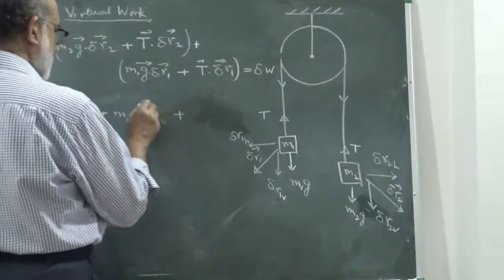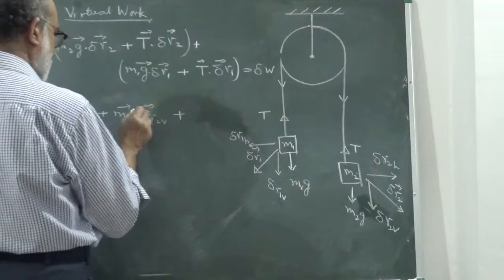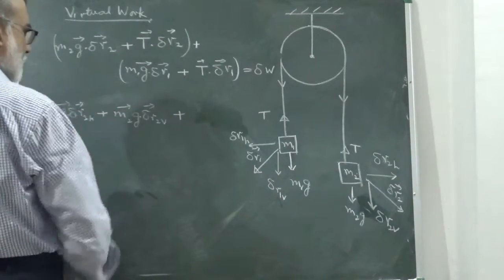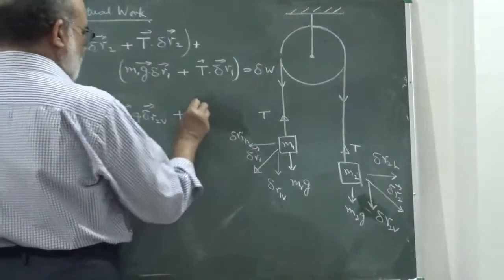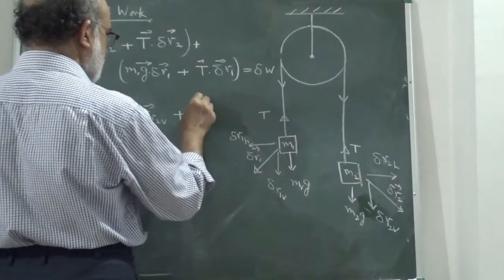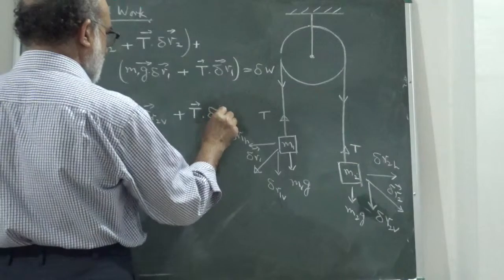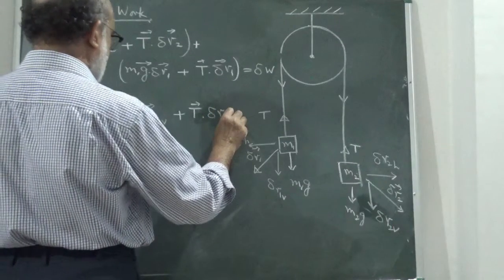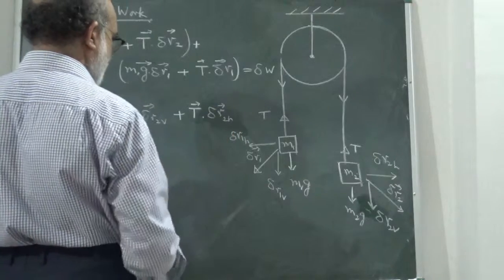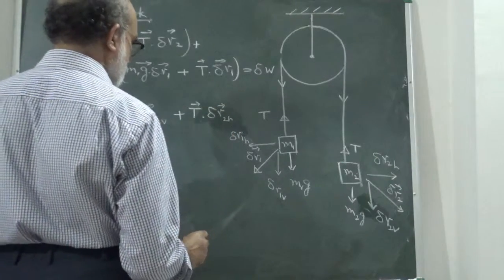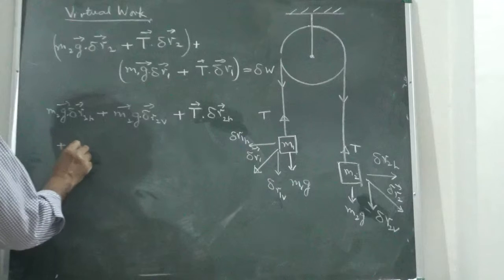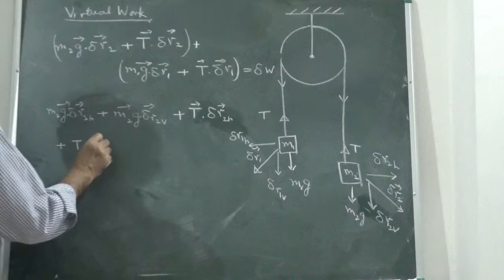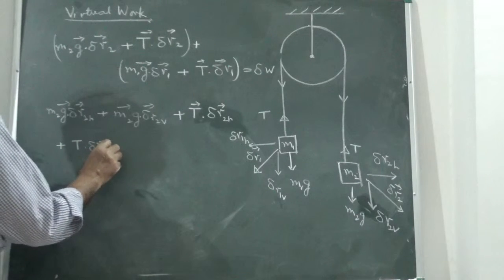Similarly, the dot product again. Now here T dot delta R2 horizontal plus T dot delta R2 vertical.